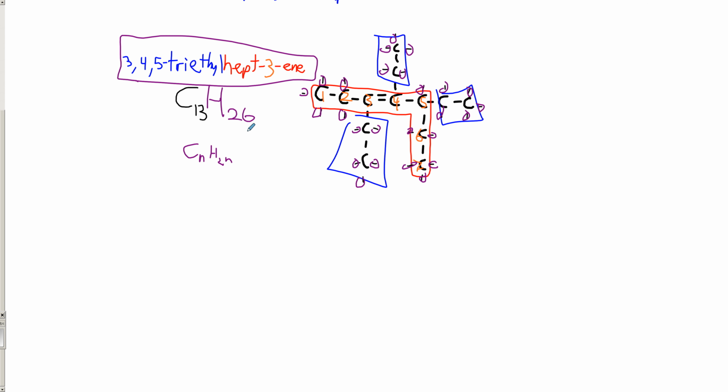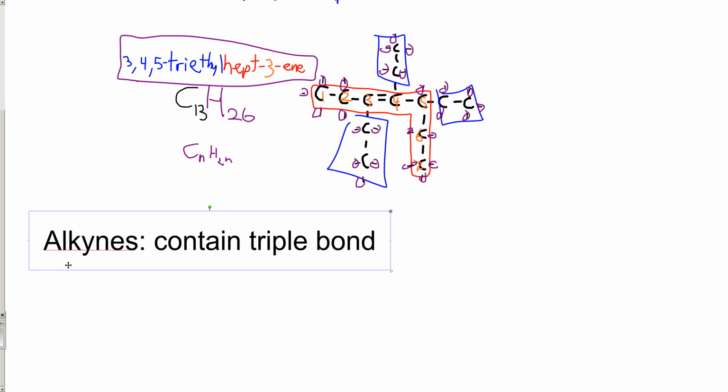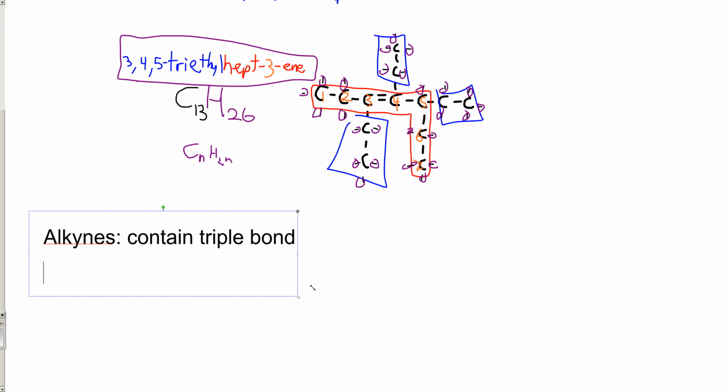Alright, so just a little quick aside for alkynes. Like I said, I'm not going to do the naming for them because they are the same as alkenes. The only difference is instead of your word ending in -ene, it ends in -yne. So first big fact, obviously they contain a carbon-to-carbon triple bond, and they end in -yne.